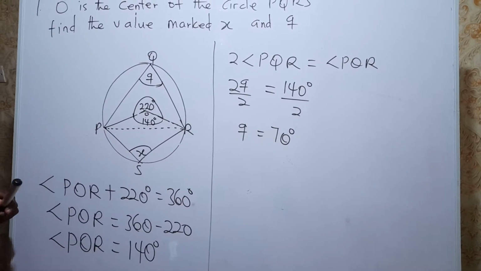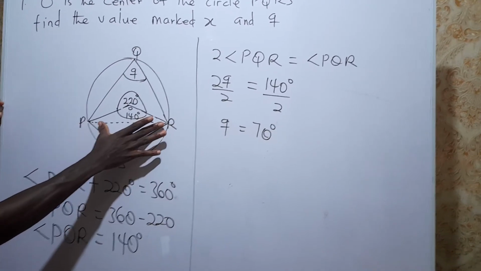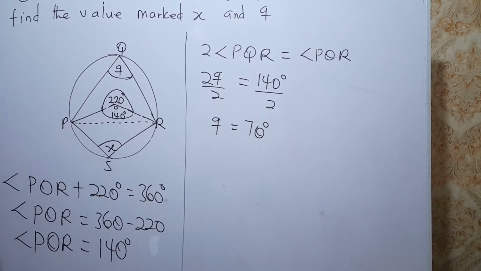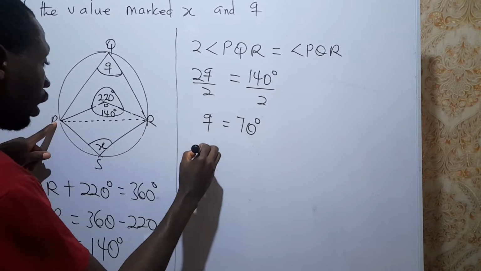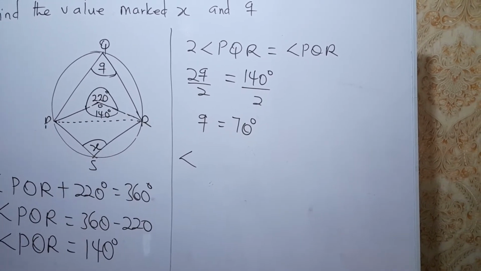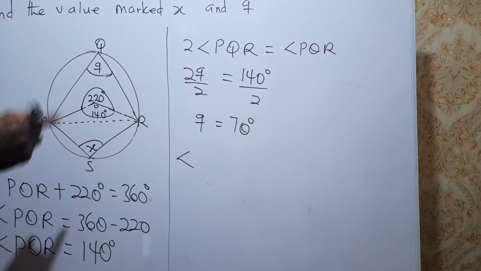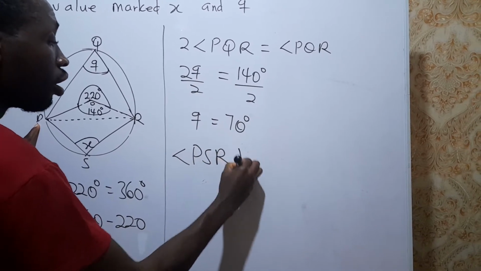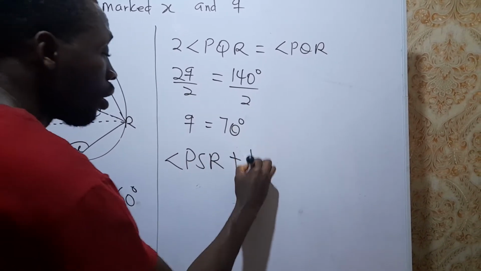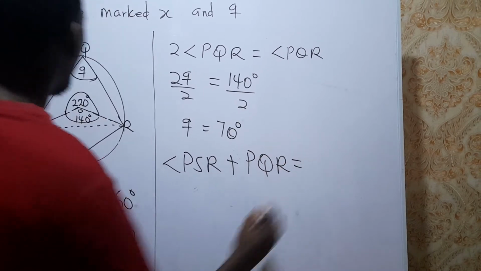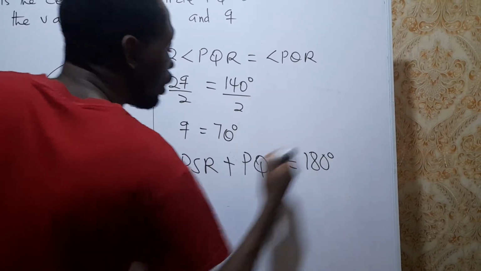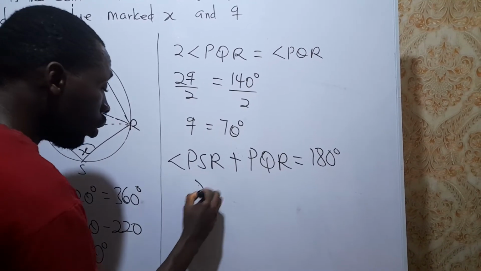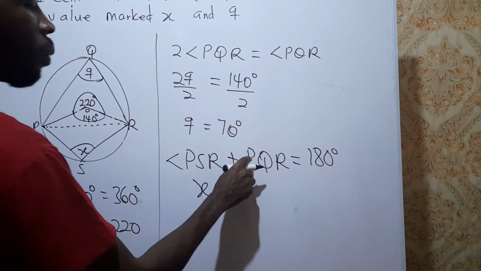Now remember, there is another property that says that when a chord sustains an angle at the 2 opposite sides of a segment, the sum of those angles is equal to 180 degrees. Please, the sum of those angles is equal to 180 degrees. So we can say angle PSR plus angle PQR will be equal to 180 degrees. What's angle PSR? Angle PSR is x. So x plus, what's angle PQR?